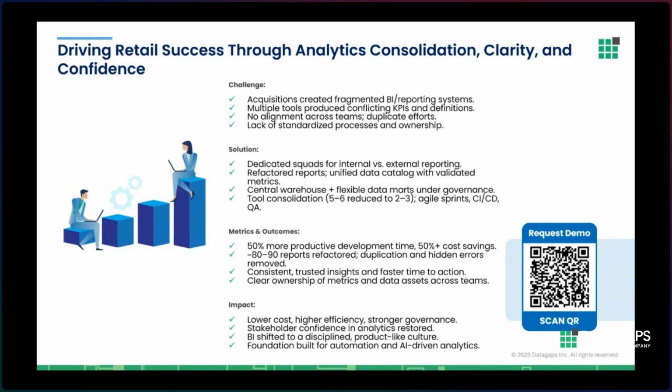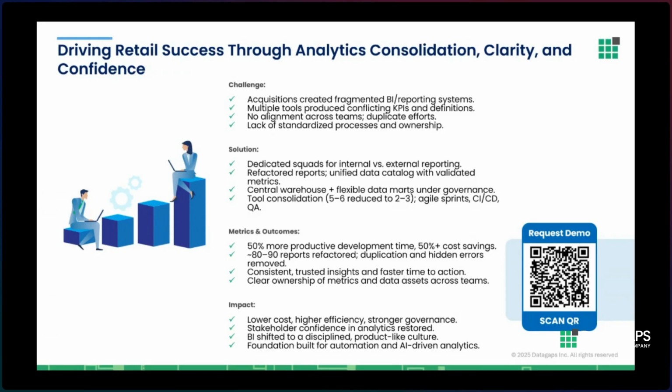So to address this, they created dedicated teams with clear accountability. They refactored the legacy reports. They consolidated overlapping metrics, built a unified catalog, validated this across the stakeholders. And at the data level, they introduced a central warehouse with flexible data marts on top to balance governance and agility.